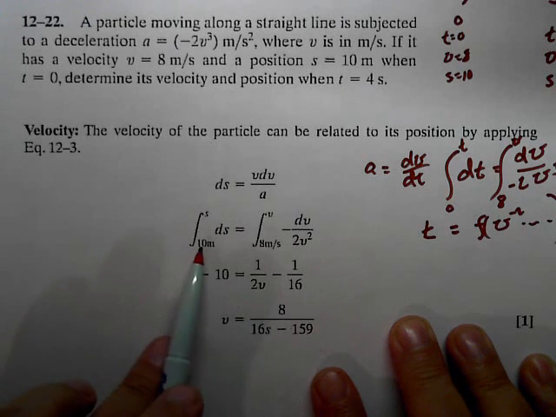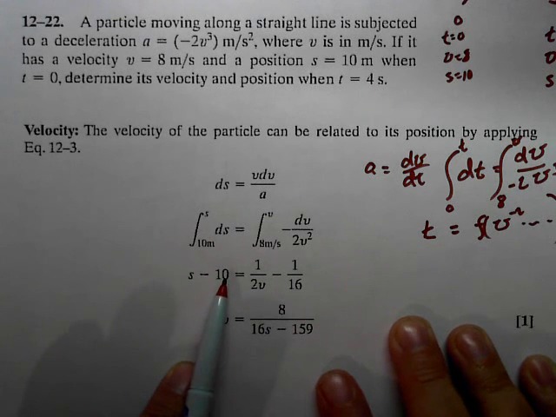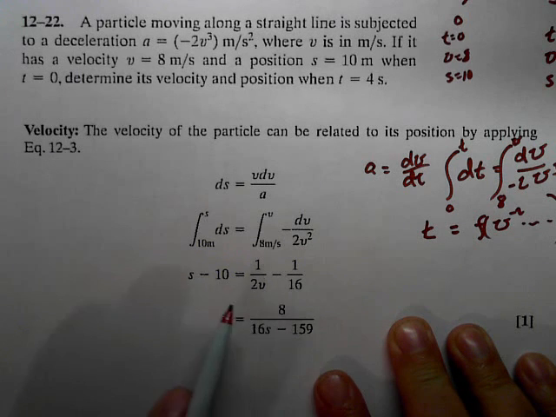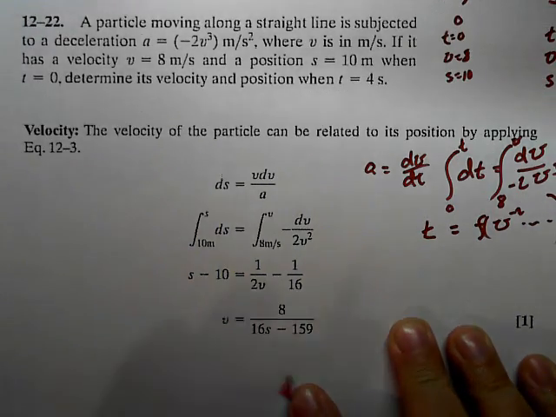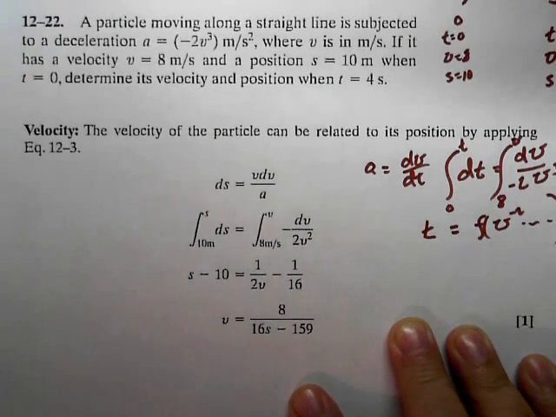And so when we integrate this left-hand side, we're going to get an s minus 10. And when we integrate the right-hand side, we're going to get a 1 over v to the first power type term, and plugging in our limits, it will give us this right-hand side, and we have s as a function of v.